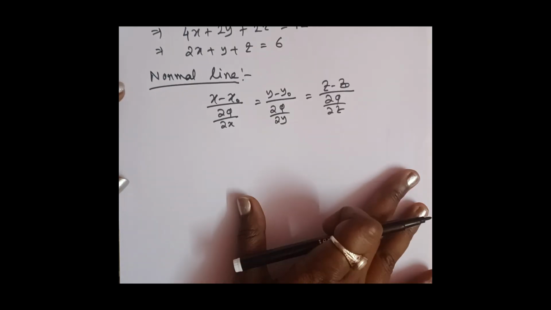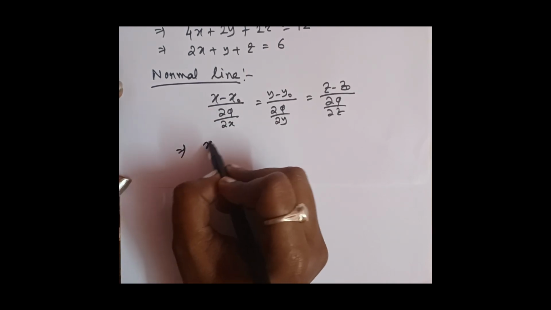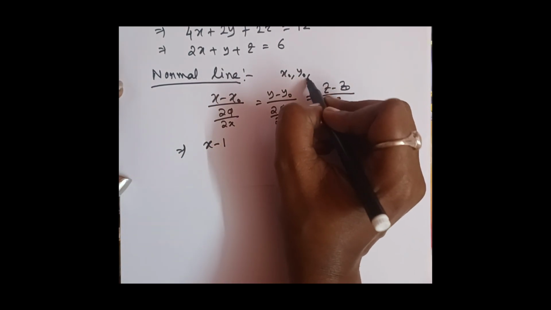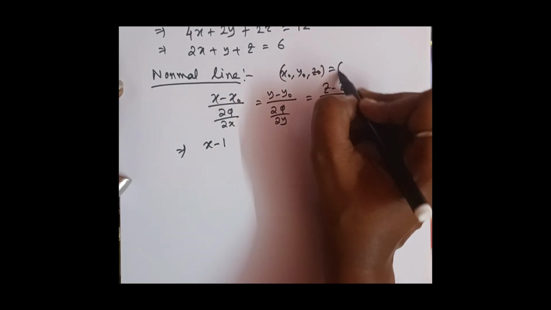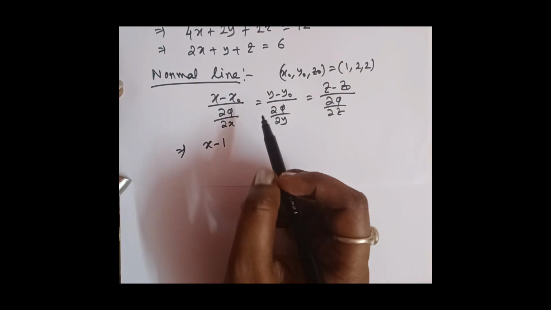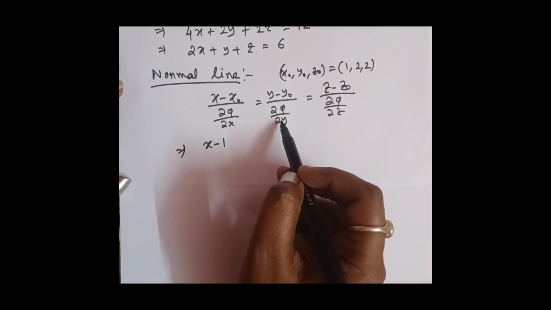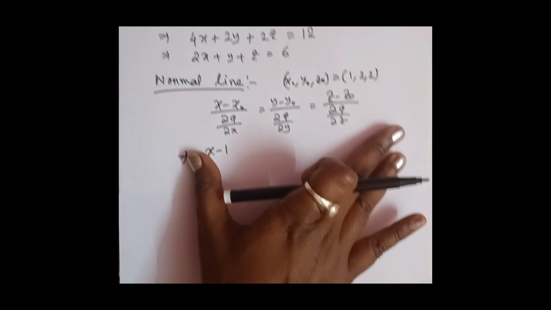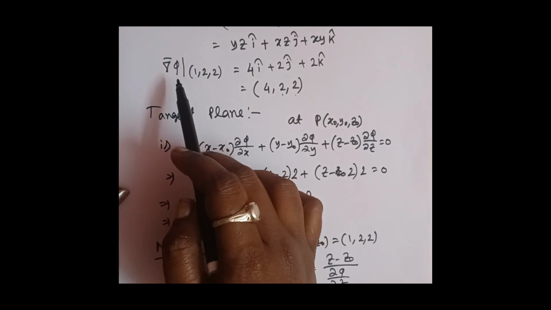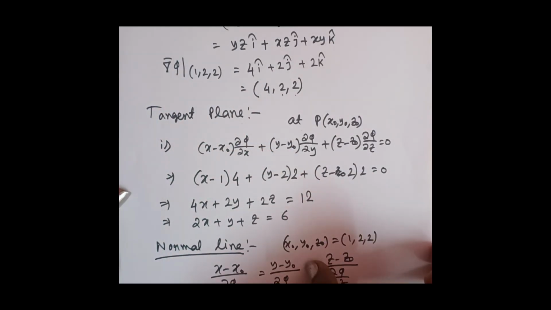So again we have to put the values, that is x minus 1, because x0, y0, z0 is the given point, that is 1, 2, 2. Del phi del x is 4, del phi del y is 2 and del phi del z is 2, because at (1, 2, 2) the gradient is (4, 2, 2).